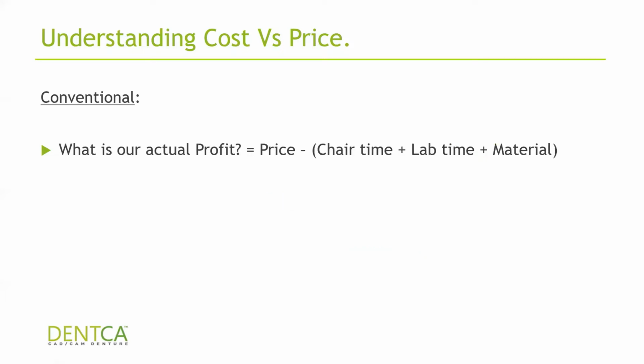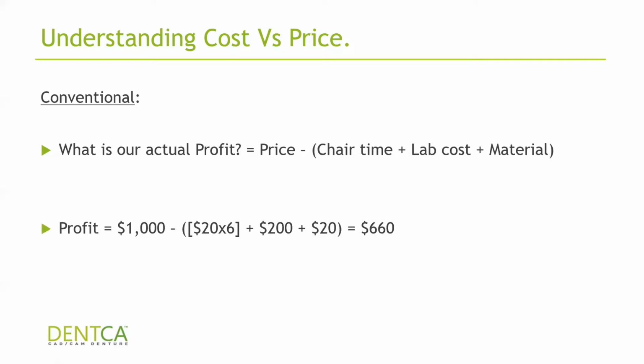So many people in conventional would say, okay, well, my actual profit is really what I charge minus the lab cost, but also the materials that I use and also the chair time that I use. So in simple math, if you charge $1,000, then your chair time is $20 an hour times 6 hours that it takes you to make a denture, plus your lab cost, which is $200, plus maybe $20 in material between the gloves and the wax and the impression trays, et cetera.